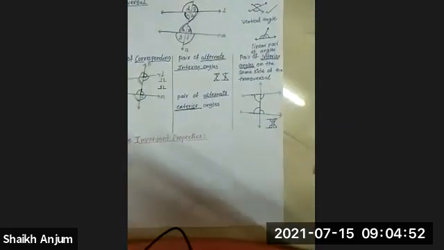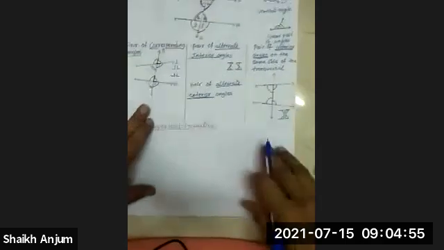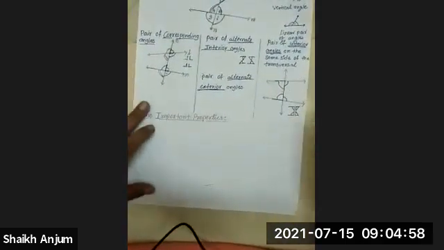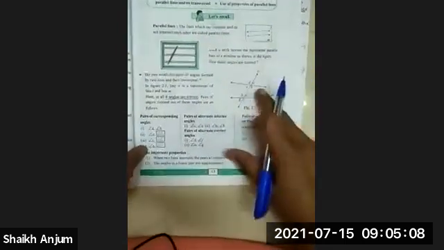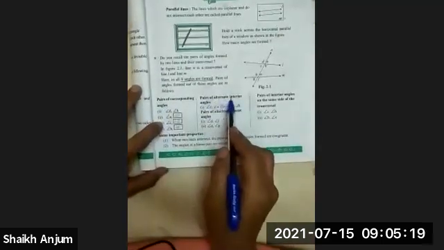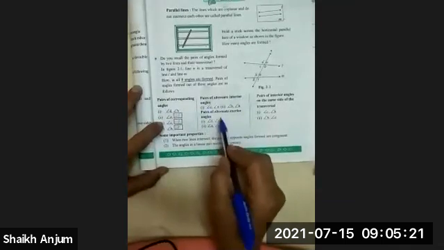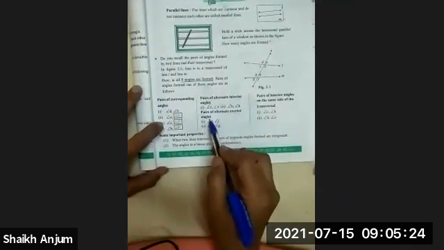Now, next point we will see here. In your textbook, the diagram is given, and for this diagram, you have to mention the pair of corresponding angles, pair of alternate interior angles, pair of alternate exterior angles, and pair of interior angles.